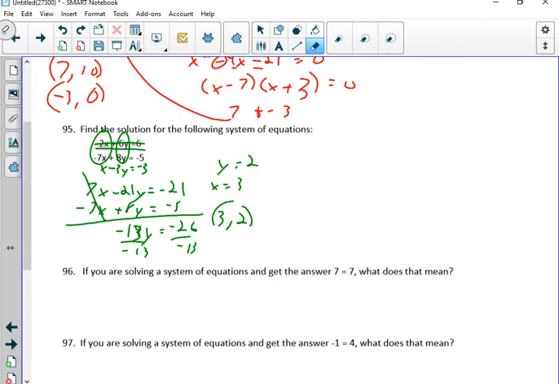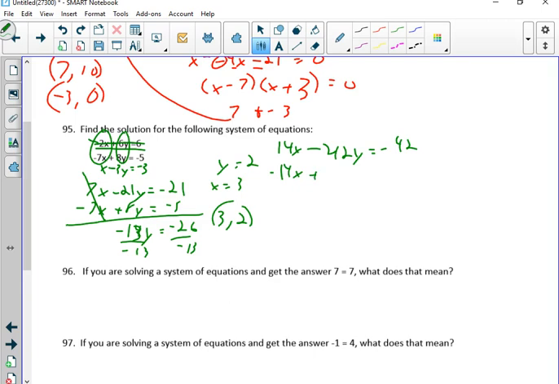Back up, because I know where my mistake is. I can't see that this is a negative 2x there. So I need to multiply by negative 7. So that's going to give me 14x minus 42y equals negative 42. And then multiply by 2, and get negative 14x plus 16y equals negative 10.